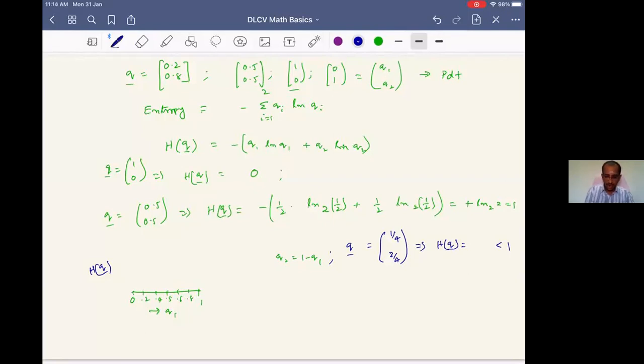So when the uncertainty is high, or when the entropy is high, when both are 0.5, it will reach a peak. So this is roughly the entropy versus the probability of a particular event. It will be highest when it is 0.5.